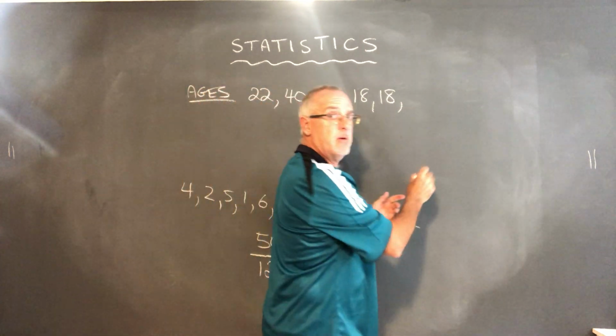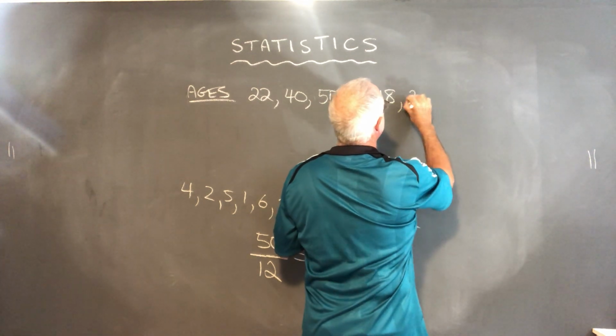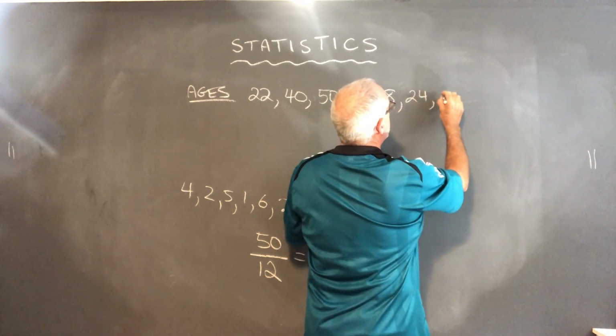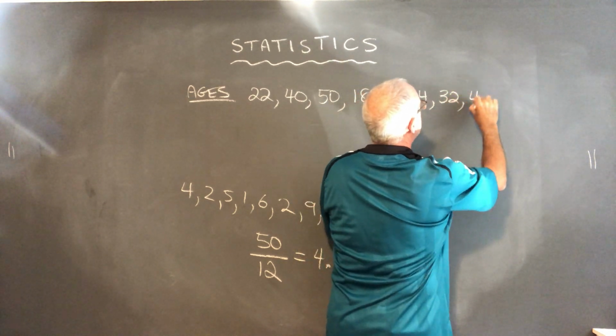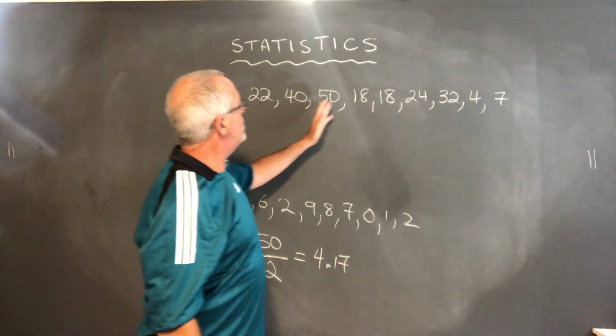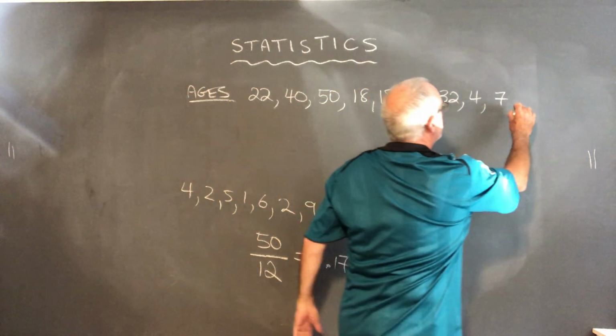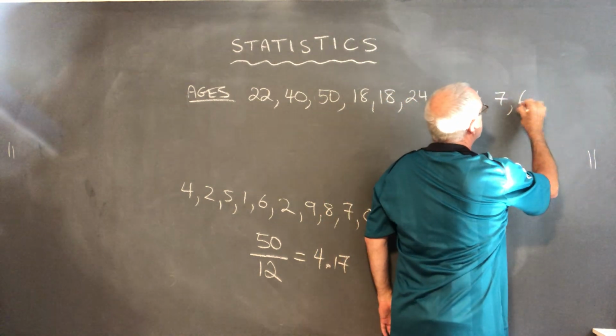I'll give 5 more. So we'll put a 24-year-old and a 32-year-old. The 32-year-old has 2 children with them. I'm up to 9. That's 9. And we'll put a nice old person, even older than me, as the last one, a 66-year-old.